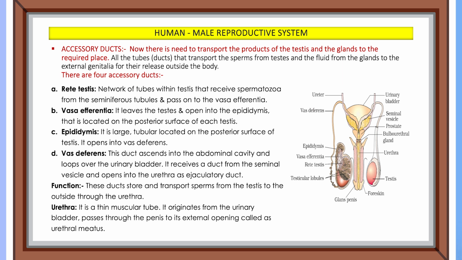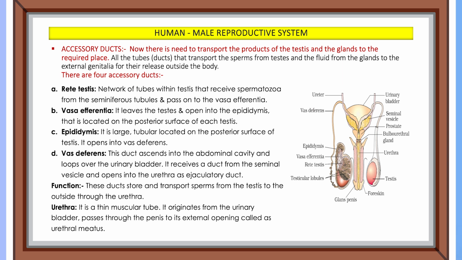The second one is vasa efferentia. Its function is to receive the sperms and open up into the epididymis, which is present on the posterior surface of the testis. The epididymis is a large convoluted tube on the posterior surface of the testis. It opens up into the vas deferens.